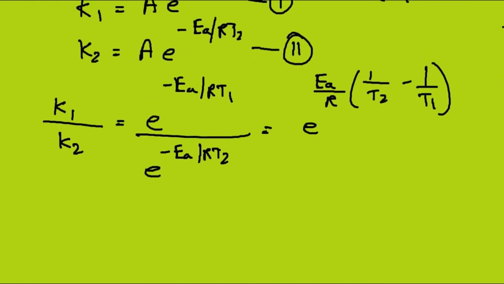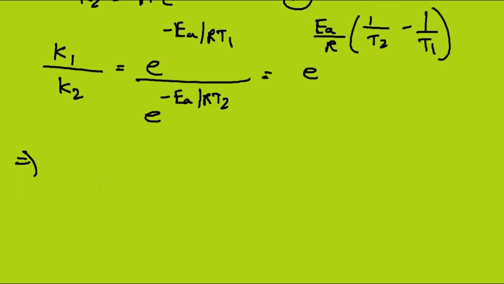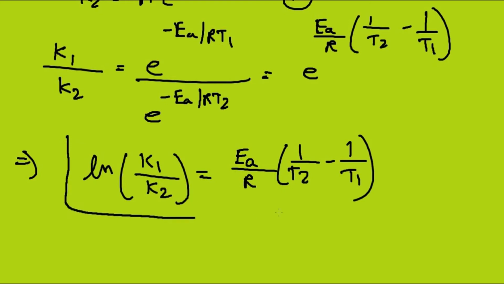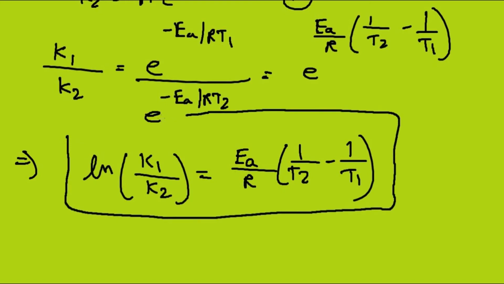Now I will take logarithm on both sides. So I get ln K1 by K2 is equal to, if I take ln, this e will go away, so it will become Ea by R times 1 by T2 minus 1 by T1. So this is the relation which I derived for the variation of rate constant with respect to temperature.